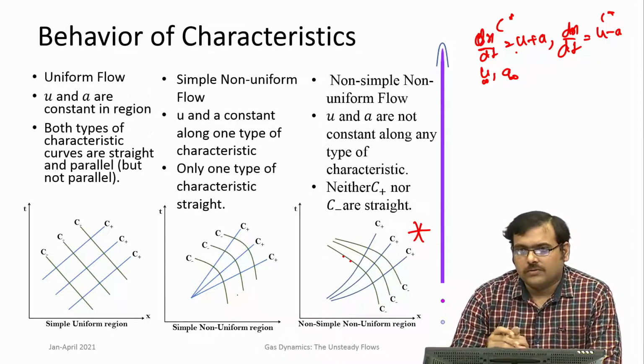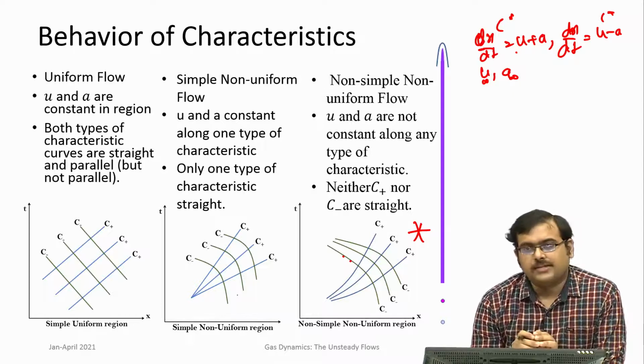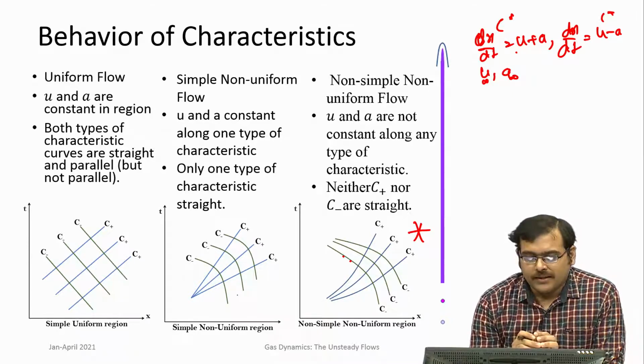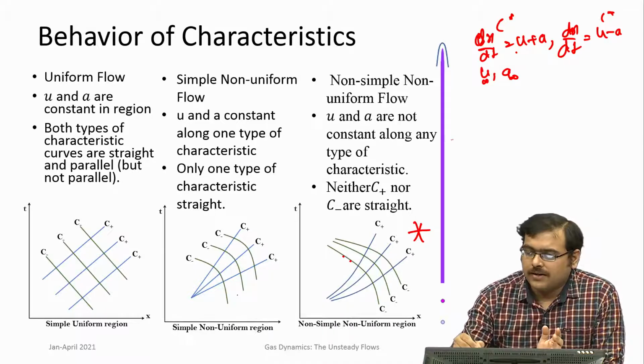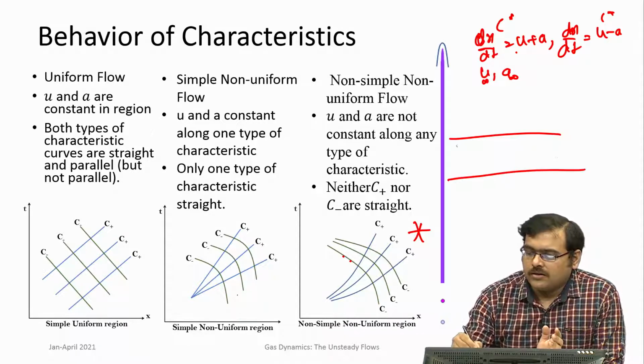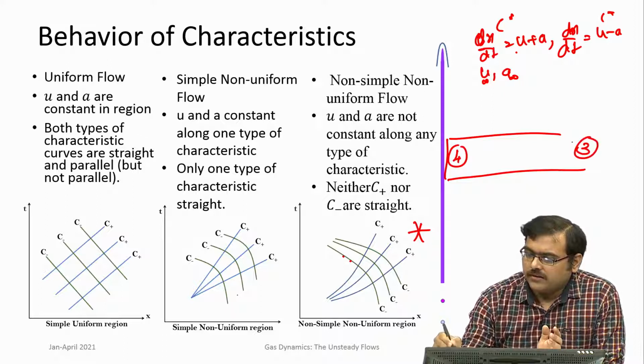An intermediate between these two is a simple non-uniform flow. It occurs when you have a region of non-uniform flow bounded by two uniform flows, and this is typical in the expansion side of the shock tube, where you have region 4 here and region 3 here.